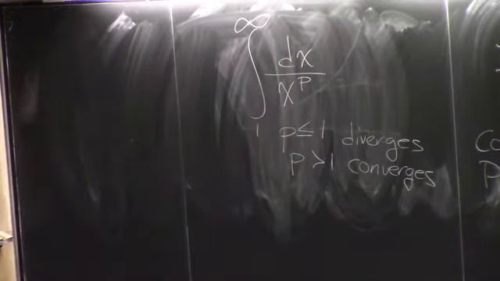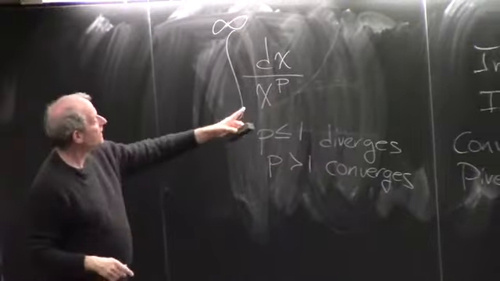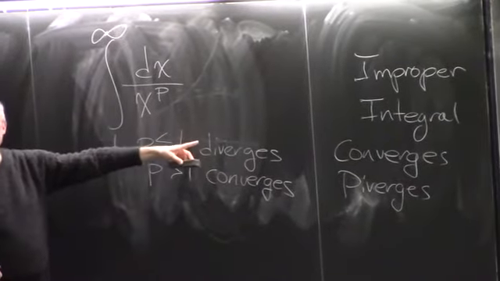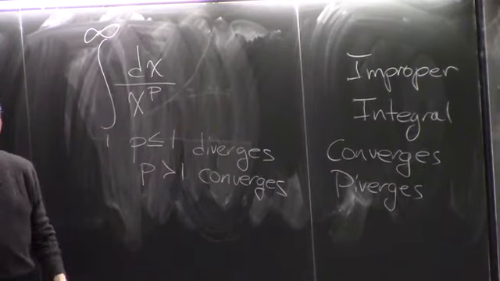Now be careful, because there's lots of other types of integrals we can give you. But if you have the integral from 1 to infinity of dx over x to the p, and p is less than or equal to 1, it will diverge, and if it's greater than 1, it will converge.